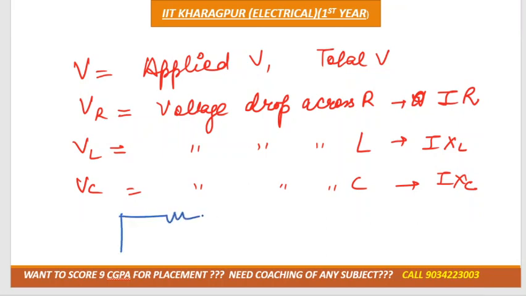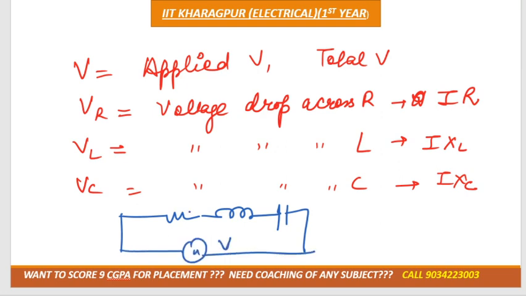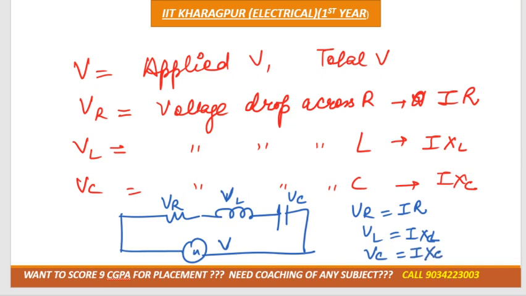Suppose we have a series combination of RLC, the total voltage is V. The others are VR, VL and VC. VR is equal to I into R, VL is equal to I into XL, and VC is equal to I into XC. Correct?